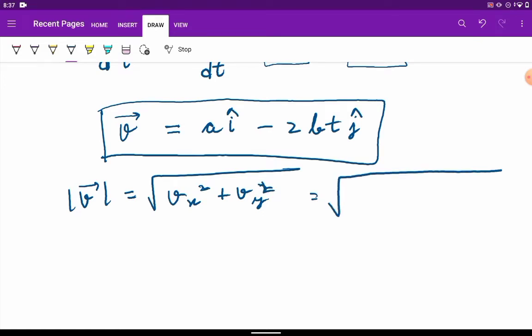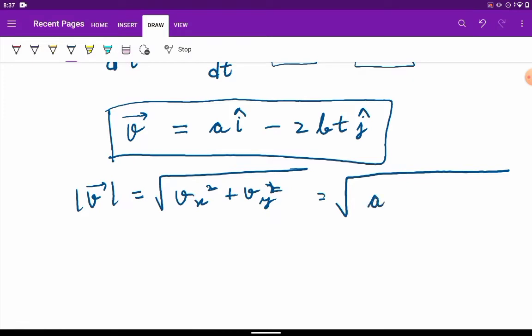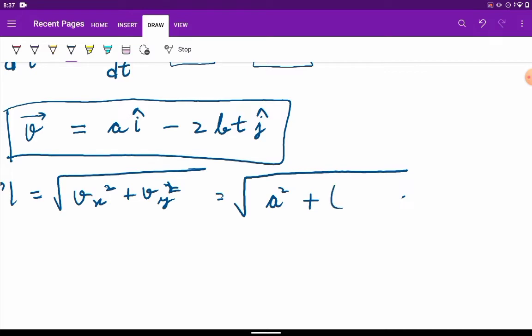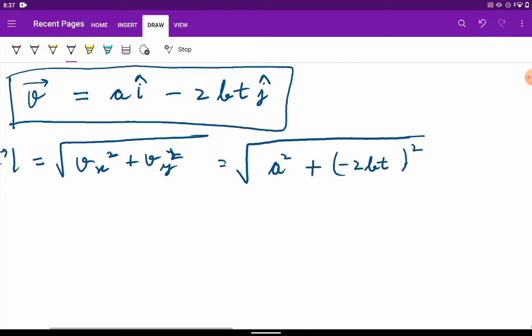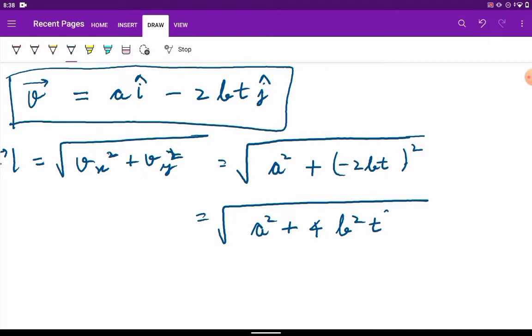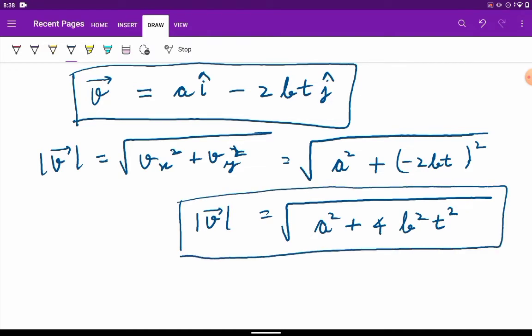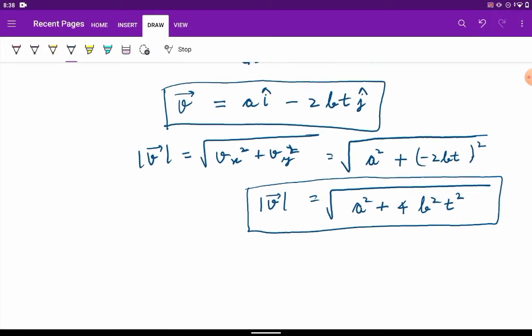The x component is a, so this becomes a square, and vy is nothing but minus 2bt, right? This becomes root over a square plus 4b square t square. So this is basically the magnitude or the modulus of the velocity vector.